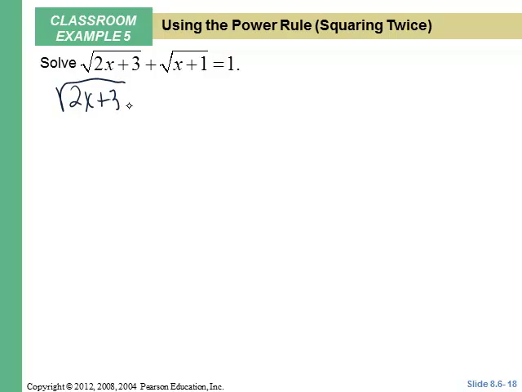2x plus 3 equals 1 minus square root x plus 1.